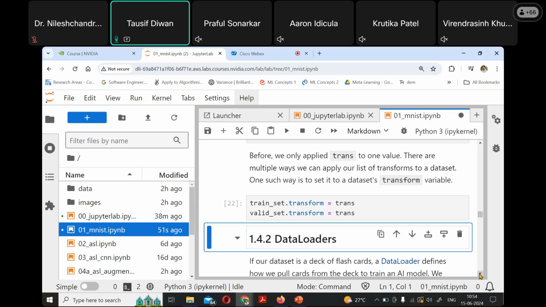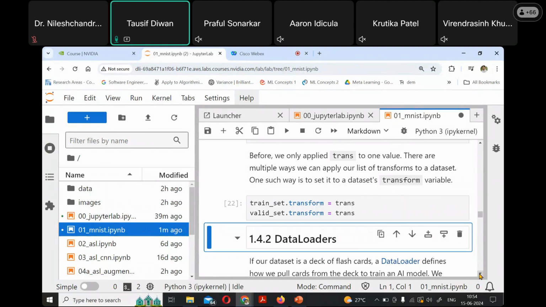So total 10 categories are there. We just convert this label 5 into a vector. Okay, in that vector, the fifth entry would be 1, and rest all will be zero. Suppose if it is handwritten digit 0, then the very first entry would be 1. If it is handwritten digit 9, then the last entry would be 1, and rest all will be 0.